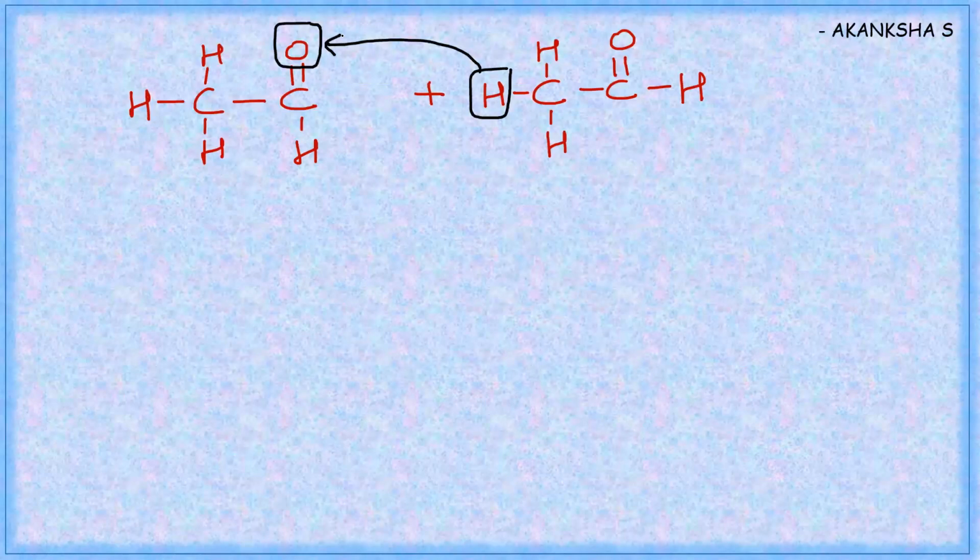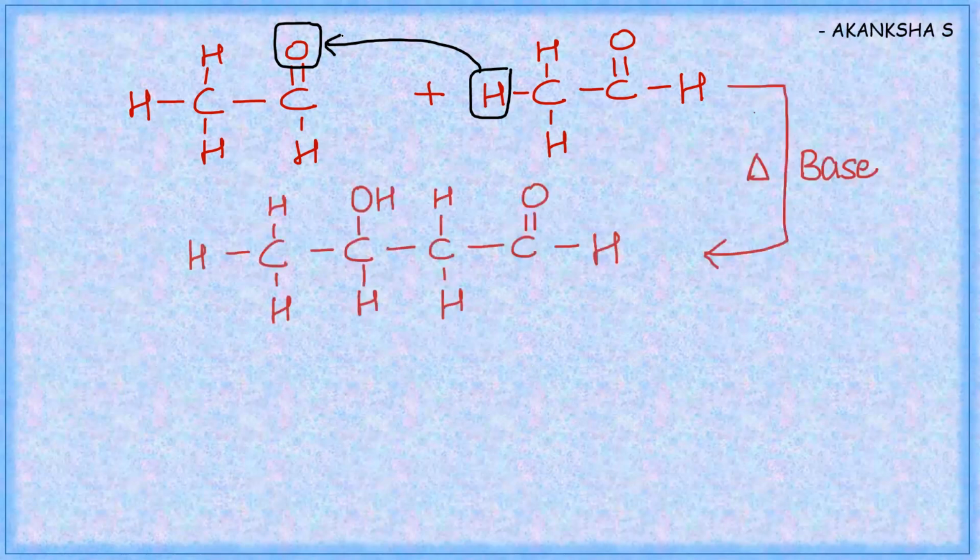Because hydrogen is partially positive and the carbonyl oxygen is partially negative. They would be forming an OH group. Can you notice that when it forms the OH group, this carbon and this carbon form a bond? The logic is that the hydrogen is attracted by the carbonyl oxygen and the two neighboring carbons join each other using a single bond. This happens in the presence of base.